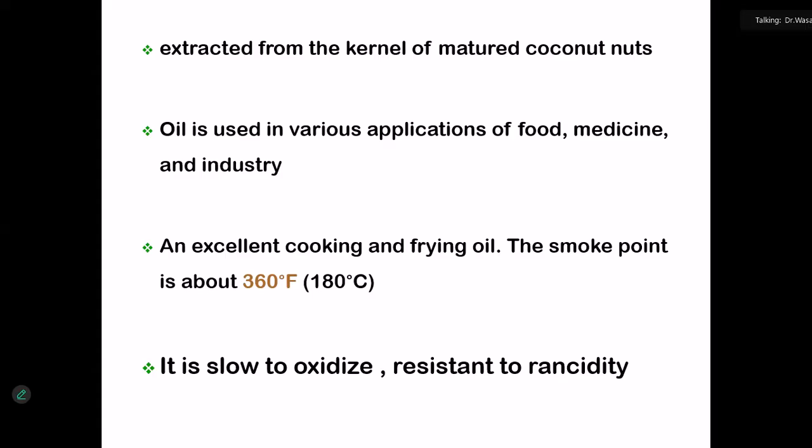They gradually boiled it for 5-6 hours. That's called the kitchen method of oil extraction.